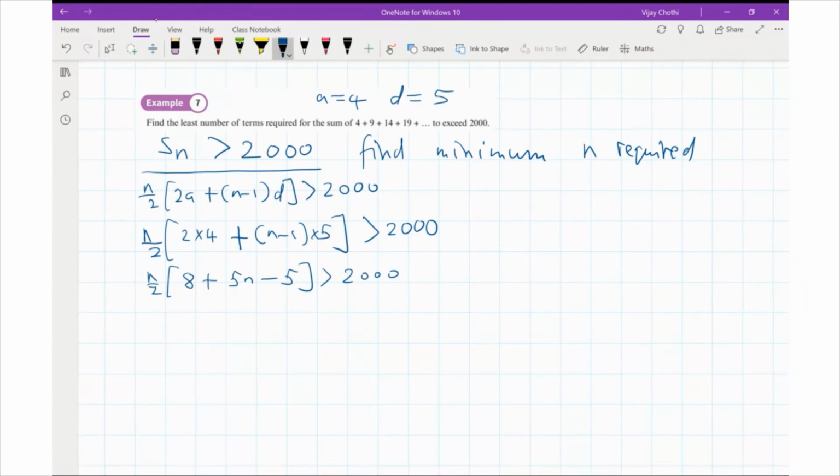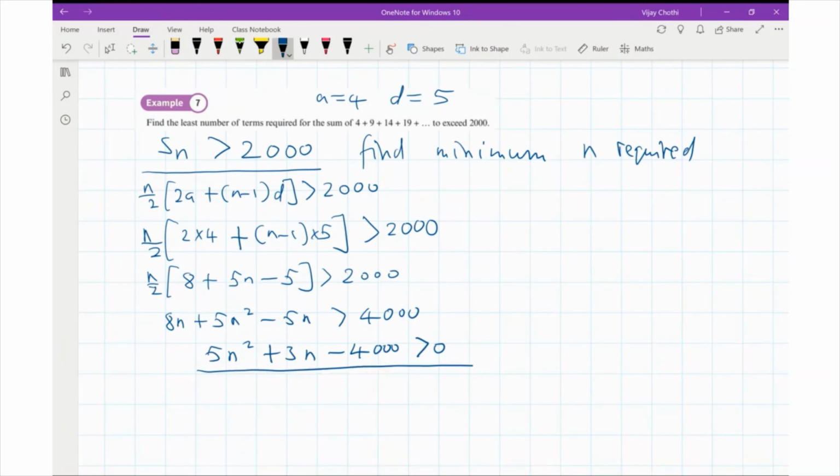So that will give me 8n plus 5n squared minus 5n. Take the 2 to the other side to get 4000. So I'm going to move it all to one side. 5n squared plus 3n minus 4000 is greater than 0. So that is a quadratic inequality.